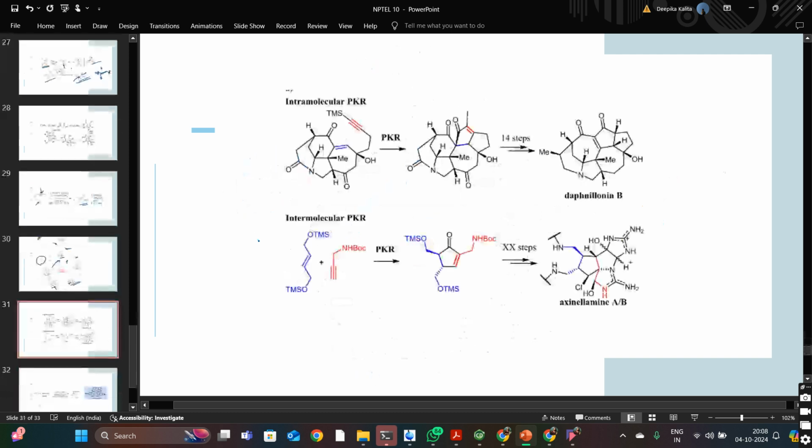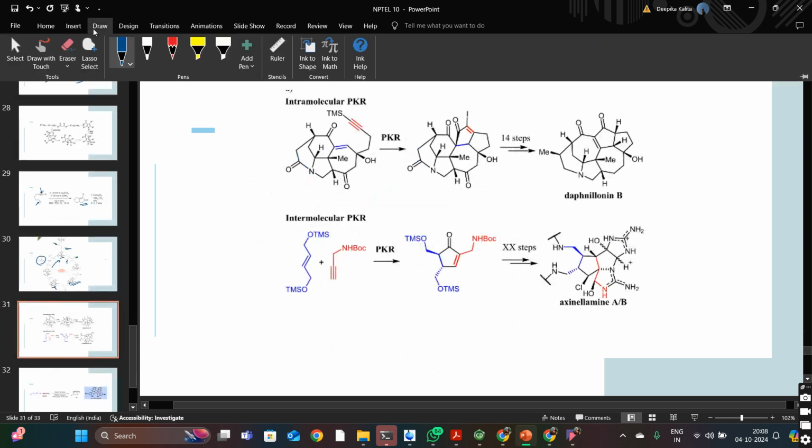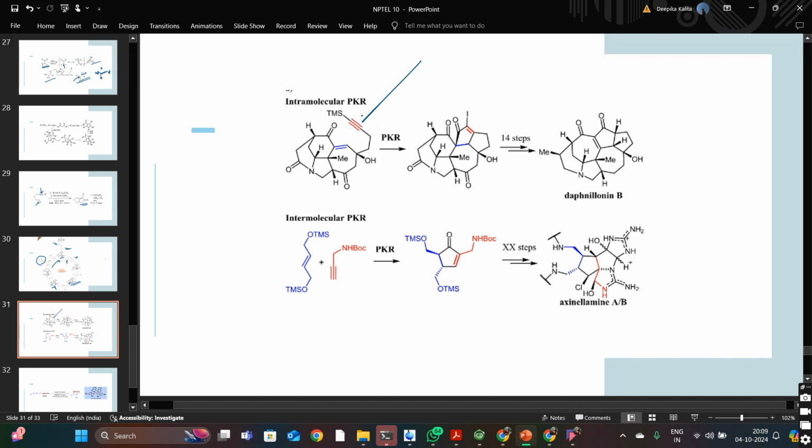So similar reaction mechanism will be followed for these two reactions, where in the first reaction, if you see, we have an alkyne here and an alkene here, and these two will undergo Pauson-Khand cycloaddition reaction to give us this particular cyclopentenone. And this Pauson-Khand reaction is widely used in the total synthesis of natural products.